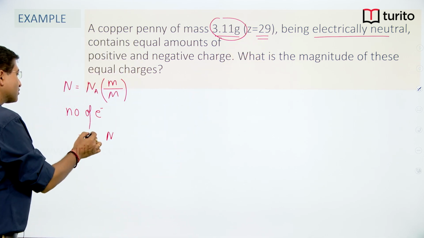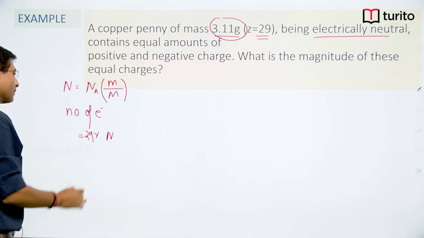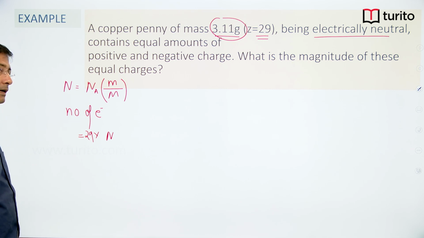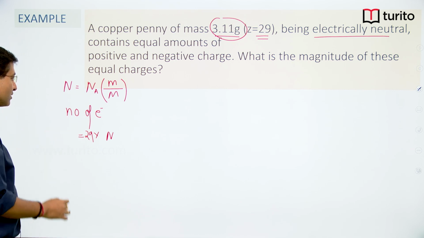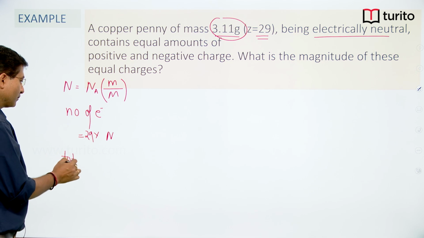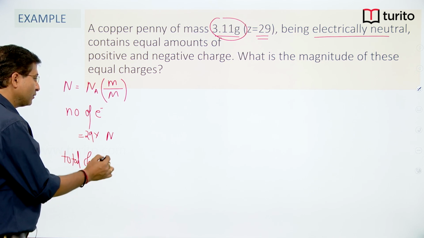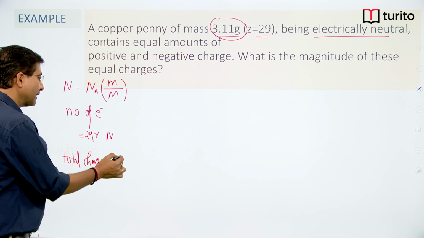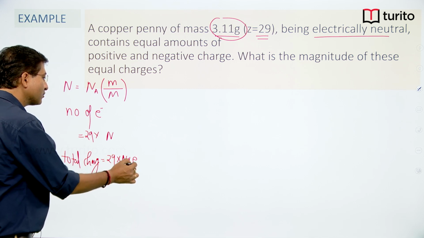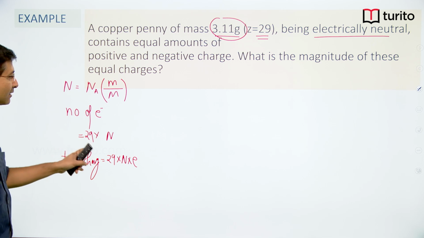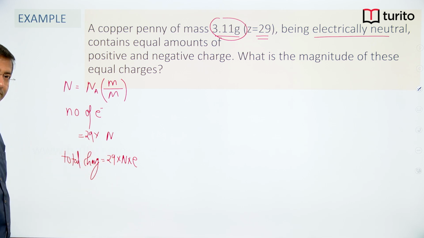So I will multiply this by 29. And what is the total charge associated? For total charge, I can multiply this 29 into n into the charge on electron, and I will get the total negative charge.